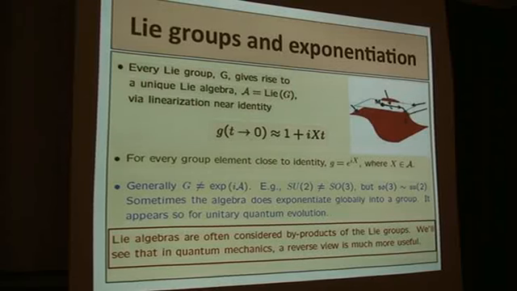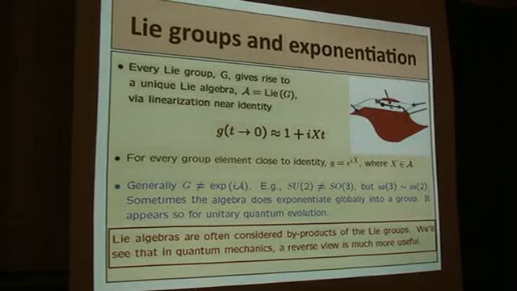However, generally we cannot restore the Lie group from an algebra. There are different groups which have identical Lie algebras. And this also turns out to be important. In mathematics, Lie algebras are often considered byproducts of the Lie groups. But in quantum mechanics, it turns out oftentimes it is convenient to take the opposite view: to start with the Lie algebra and to try to restore the Lie group that it corresponds to.